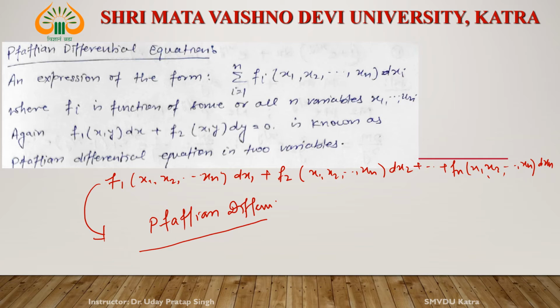This is known as a Pfaffian differential. If this Pfaffian differential is equal to 0, then this is known as a Pfaffian differential equation in n variables.